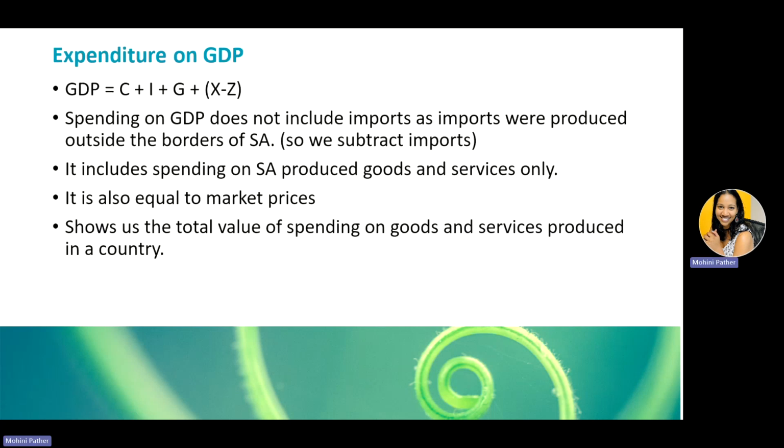Then when we are looking at expenditure on GDP, of course, we did look at what each of these acronyms or symbols mean. You've got consumption, investment, government spending, and net exports. So when we are looking at this specific measure, you're looking at all the expenditure that is conducted within the boundaries of South Africa.